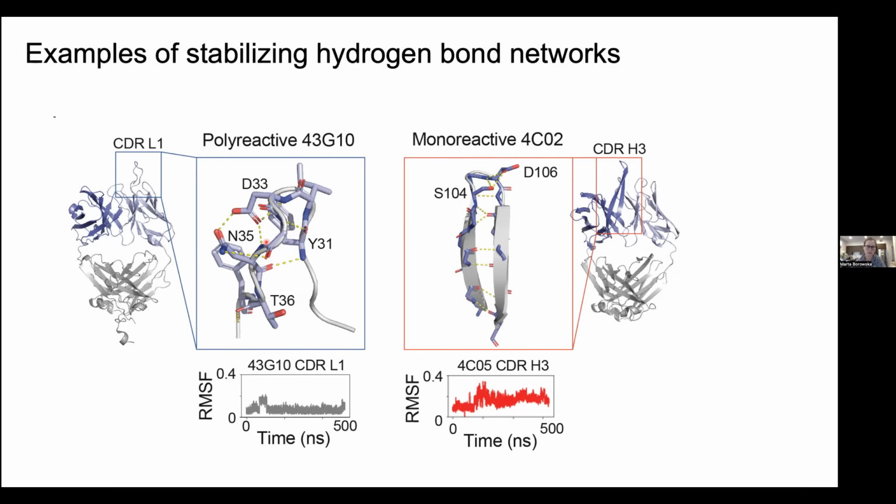In the case of this long unstructured CDR1 in the polyreactive antibody, it is extensively supported by multiple hydrogen bonds mediated by side chains, which together form a three-dimensional stable network. In contrast, the structured CDR3 of the monoreactive antibody also forms vast hydrogen bonds. However, these are mostly mediated by the backbones of the ribbon and only allow for two-dimensional stability.